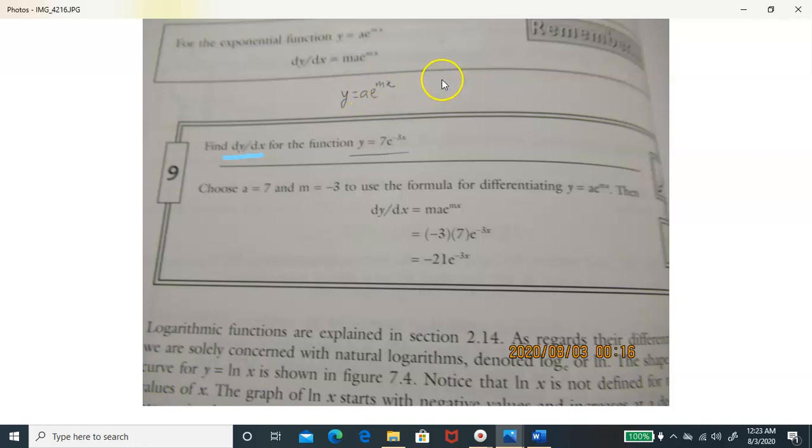See that? And we said that if we differentiate this with x, we will be left with mAe^(mx), right? Okay.